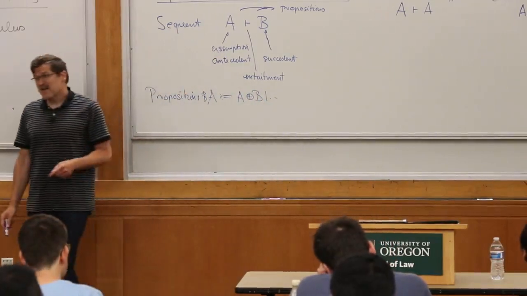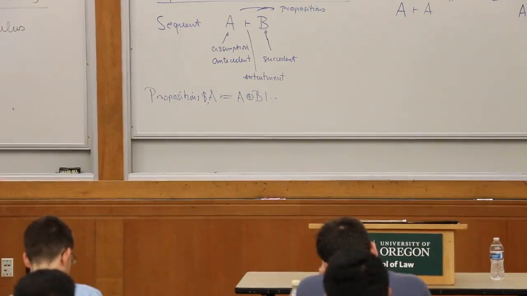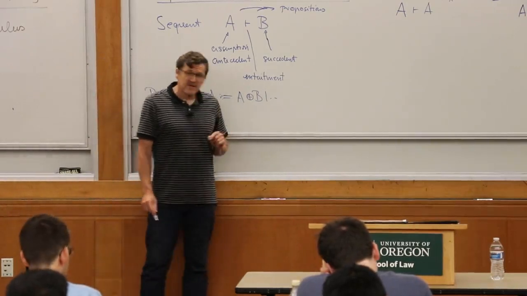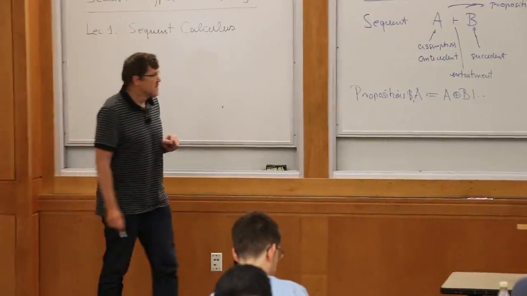I'm going to write A plus B instead of the little wedge for OR, because it turns out that it has slightly different properties from the usual OR. And therefore, it's good to distinguish it. Okay, so plus stands for OR.